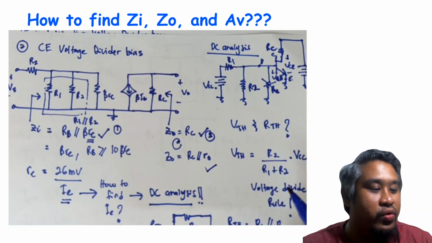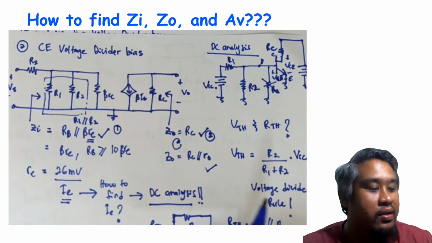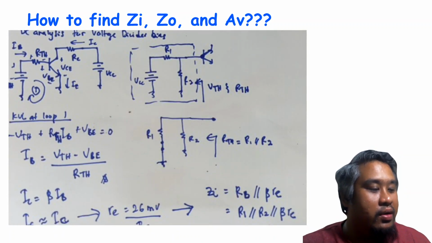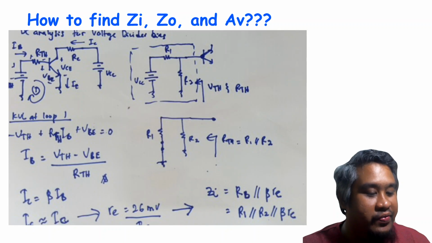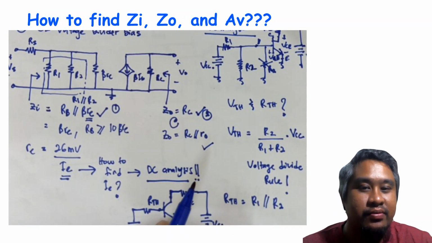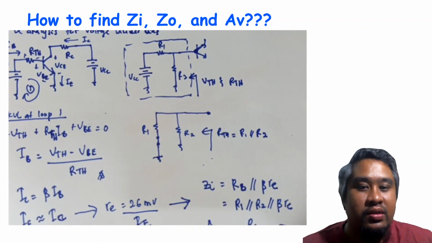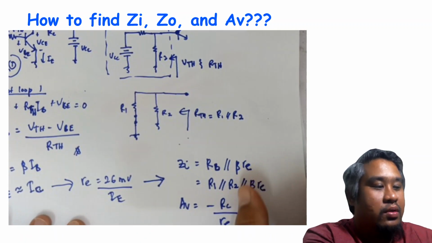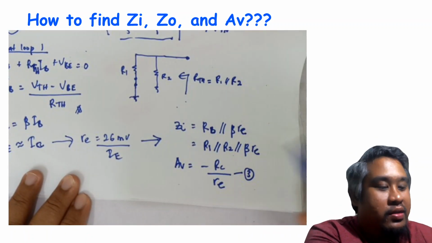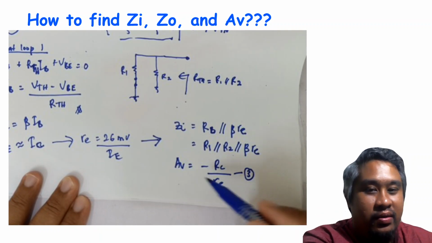If the question asks you to consider R out, you have to put it in parallel with RC. For the voltage gain, the fixed bias and voltage divider use the same formula, which is minus RC over RE. RE we have calculated, so it's easy to find the voltage gain AV.